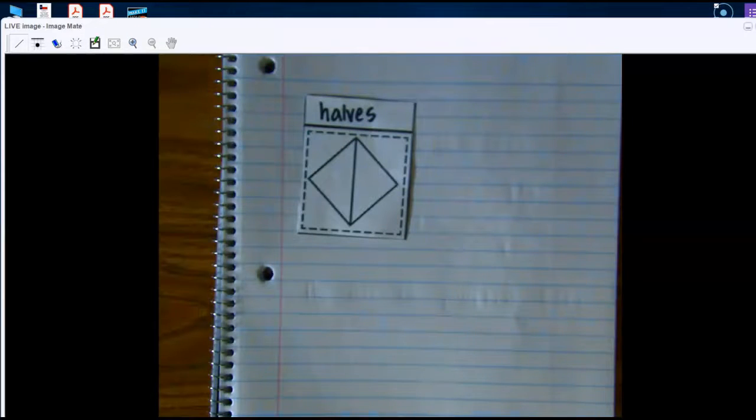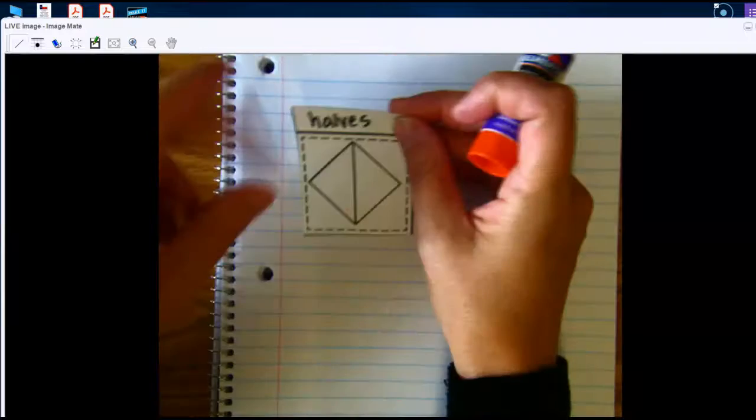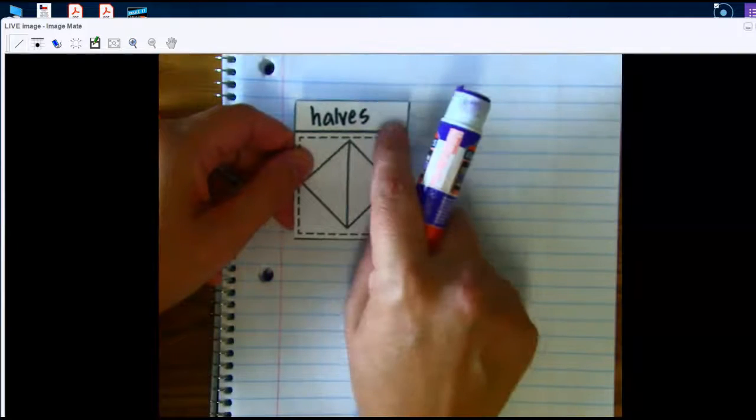Well, here it is because we found one on the floor. With your pencil, please. Okay, now what we're going to do is make a flap. So this is going to be the part that gets glued on the back of it.